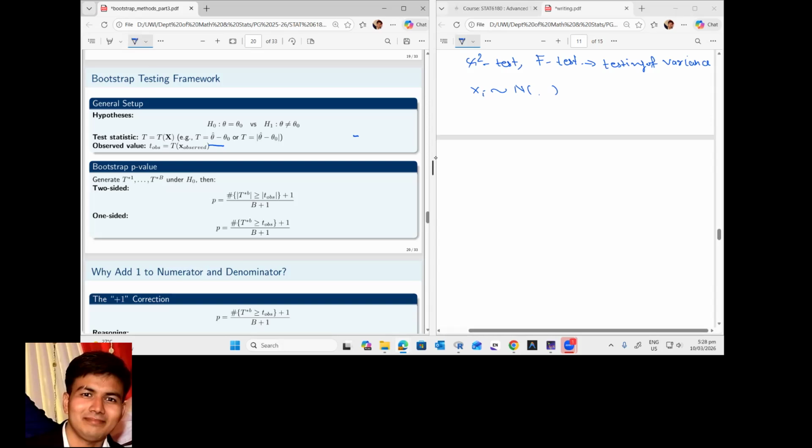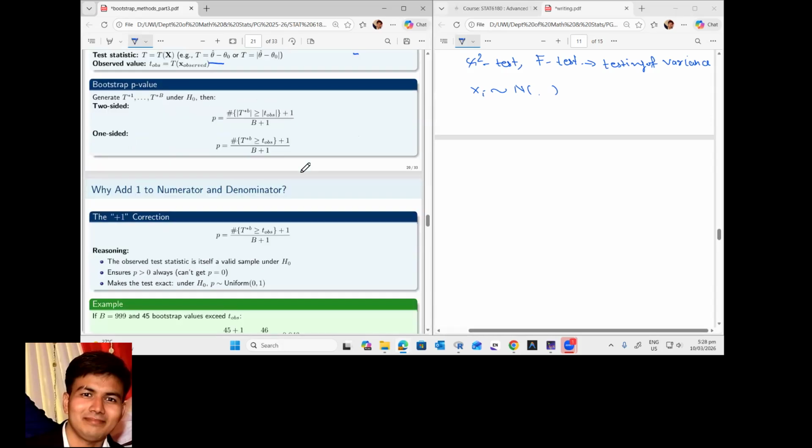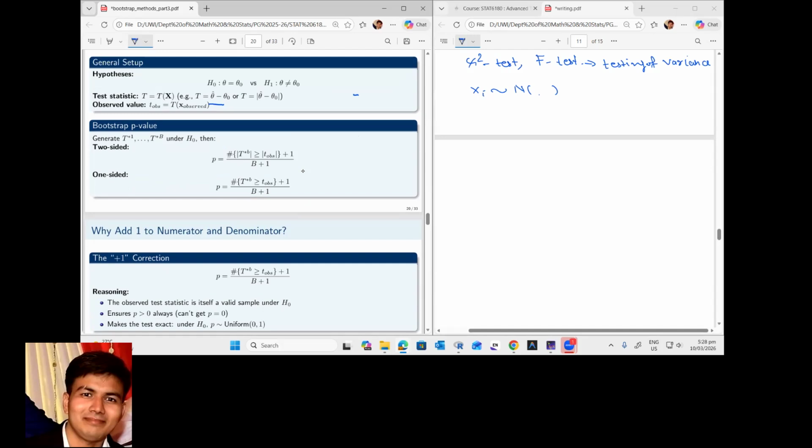After that, we need to define the bootstrap p-value. We compute the statistic, theta cap minus theta naught or its absolute difference, for each generated sample for the parameter. The parameter can be anything: mean, median, mode, standard error, or ratio.